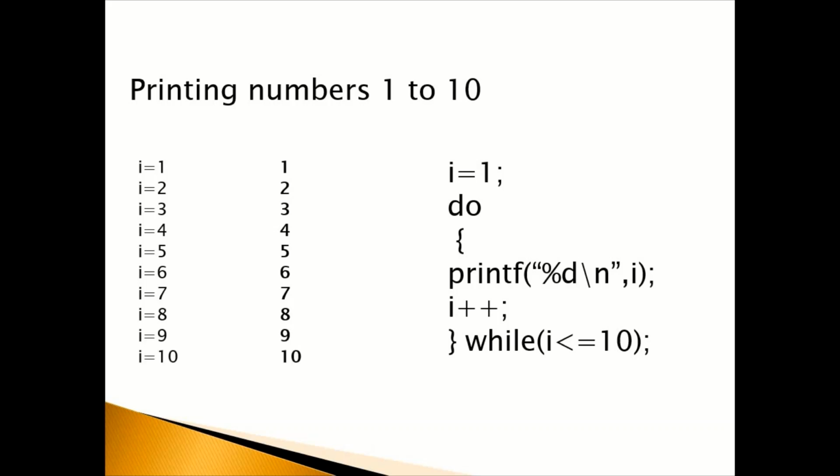When I becomes 11, the condition becomes false and it stops execution of the loop. This is how do-while statement can be used for repeating a set of operations.